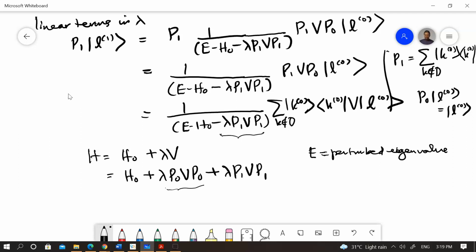So this part is the interaction inside the diagonal degenerate subspace. So your E minus H naught, lambda P1 V P1, will give you essentially your E D naught. No, sorry, not that one. E minus lambda P1 V P1 will give you E D naught. So that gives us that term.